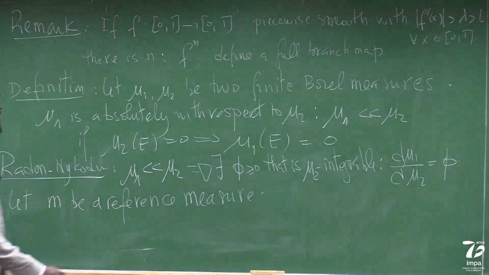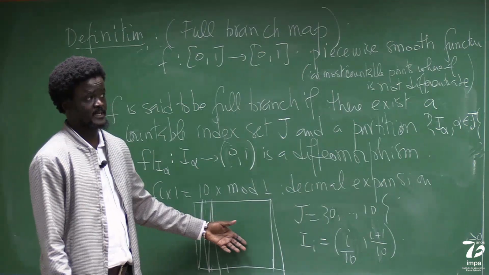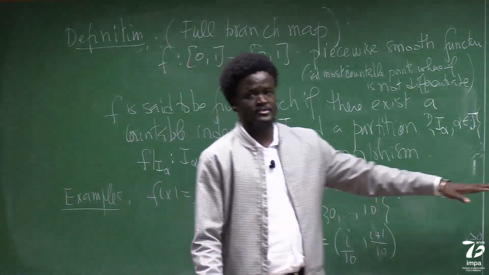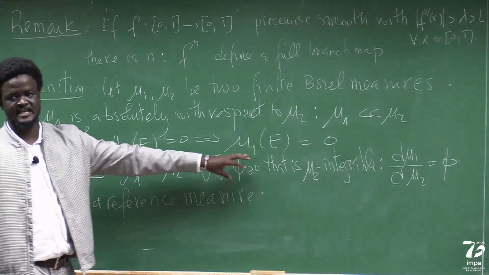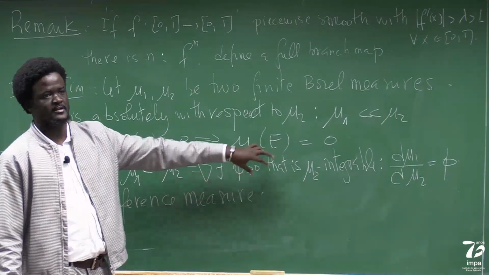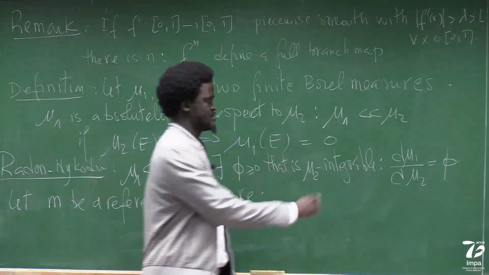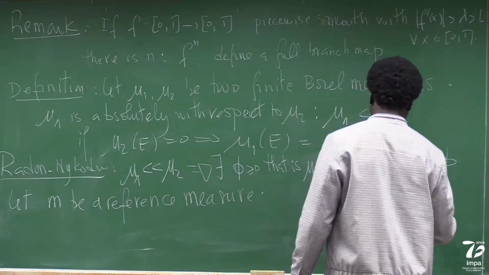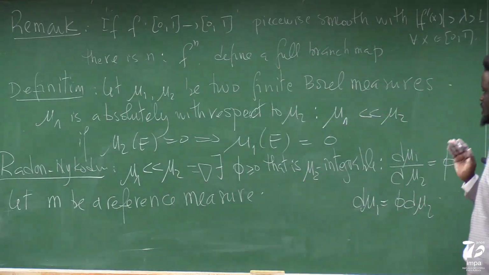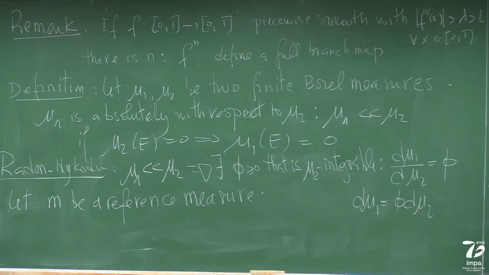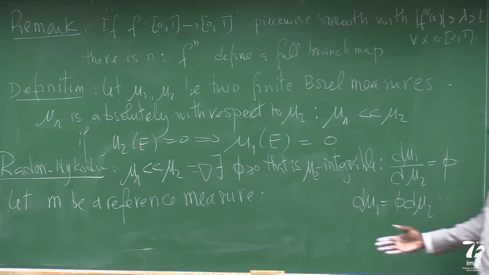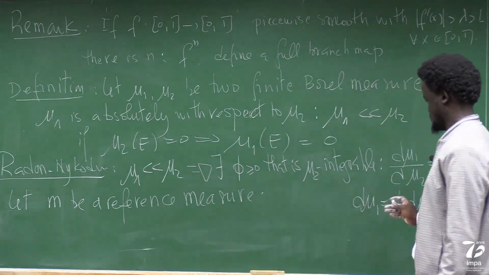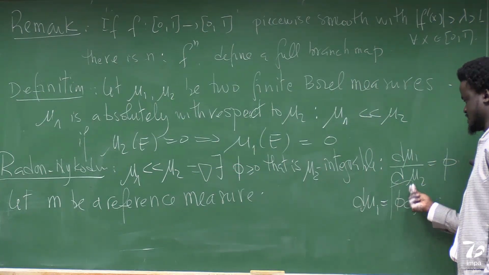What I said here is that if you're looking for measures that are absolutely continuous with respect to Lebesgue, using the Radon-Nikodym theorem, it boils down to finding this density. Because when you find this density, you find your measure, since you just write dμ1 = φ dμ2. So looking for measures that look like a reference measure in this sense just boils down to finding this density.